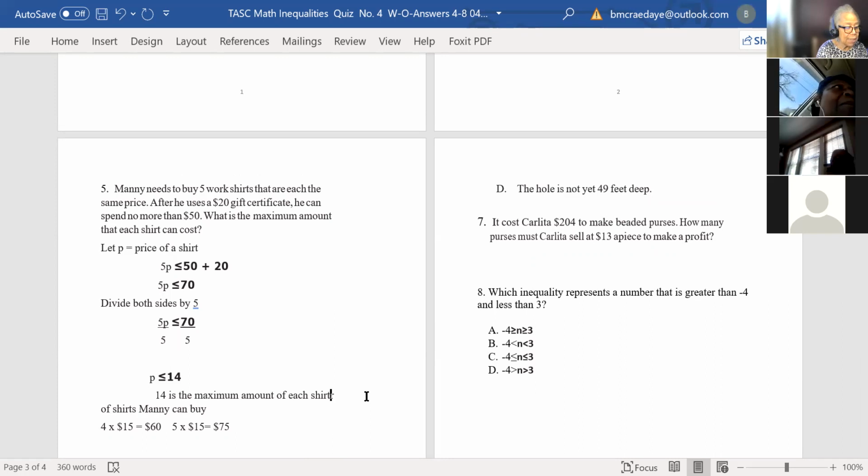So $14 is the maximum amount of the cost of each shirt.